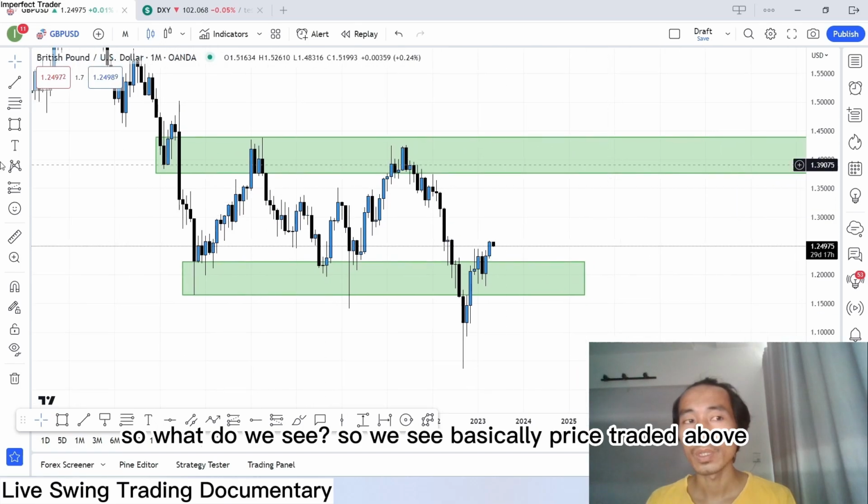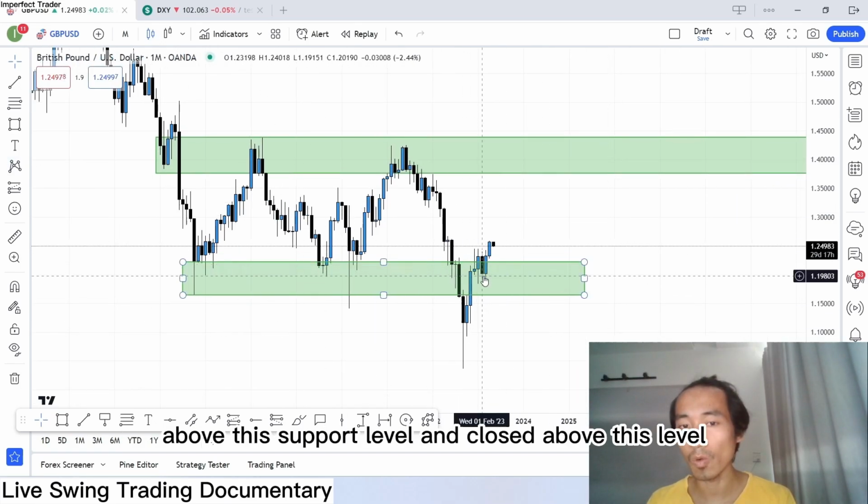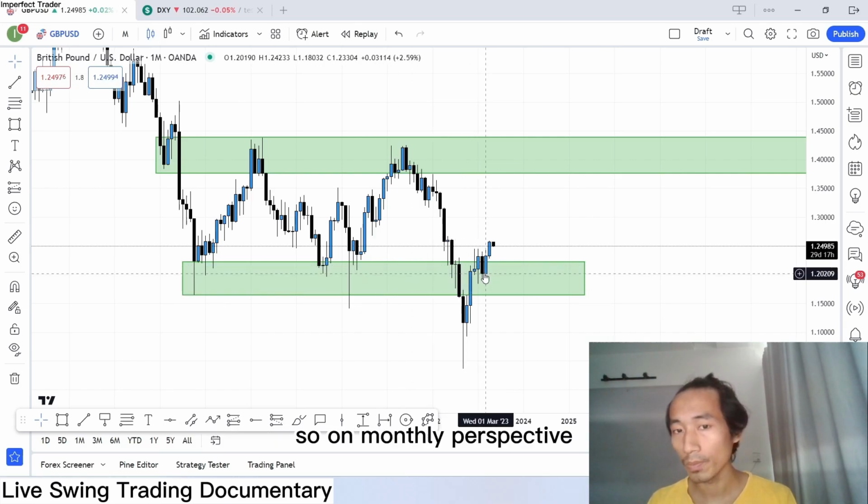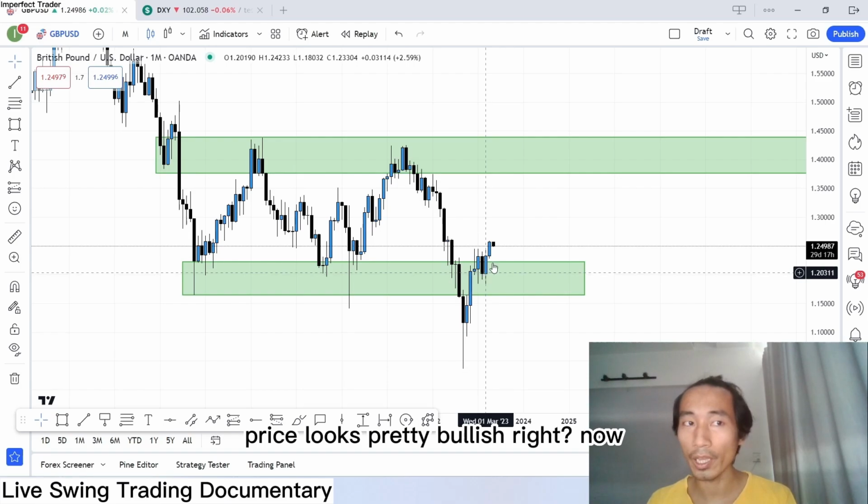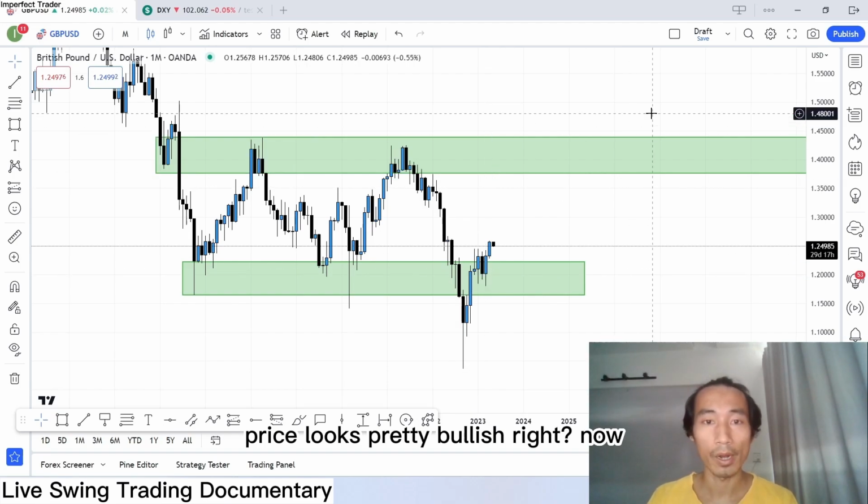We see price trade above this support level and close above it. So from the monthly perspective, price looks pretty bullish.